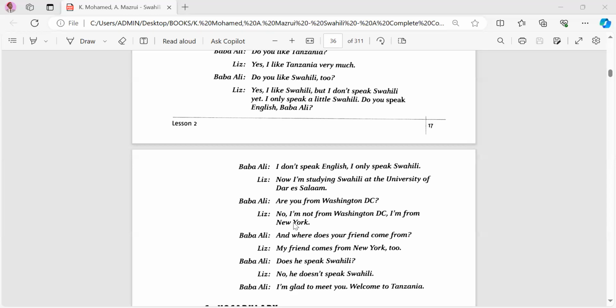Now I'm studying Swahili at the University of Dar es Salaam. At the University of Dar es Salaam is what Sister Valerie read, Chuo Kikuu cha Dar es Salaam. So the word university is Chuo Kikuu. Okay, cool.